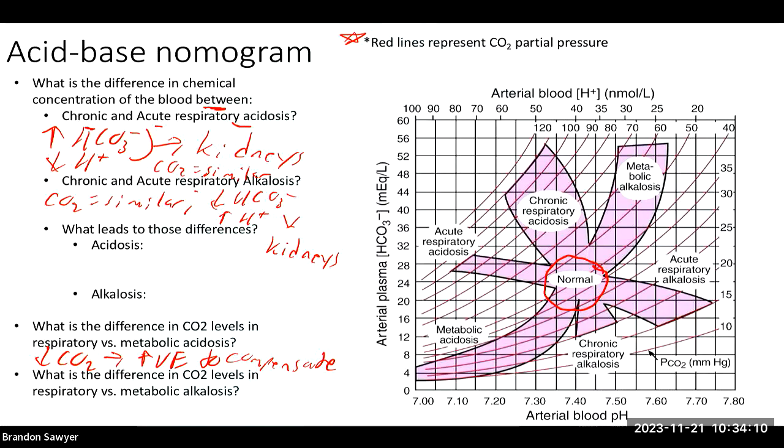And then it's just going to be the opposite here. If we look at respiratory versus metabolic alkalosis, we see alkalosis up here, alkalosis down here. So that big shift, much higher CO2, is going to be due to decreased ventilation to compensate.